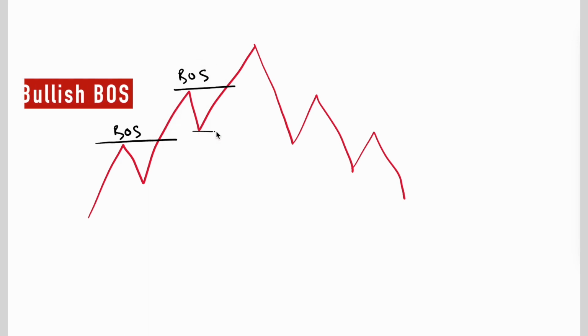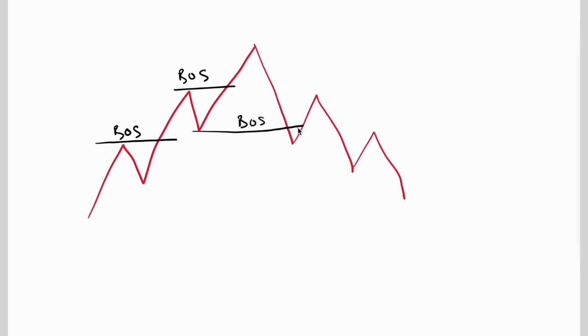But over here, this is a bearish break of structure. Okay, to take this strong support level, the strong low, a lot of liquidity is required, and this changes the market structure. It is also called shift in market structure.